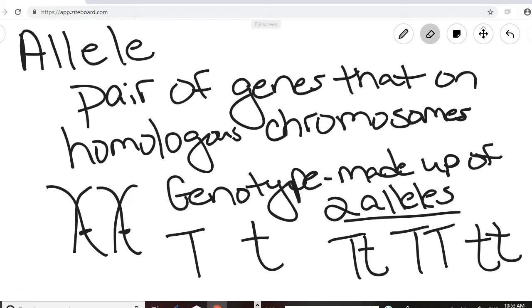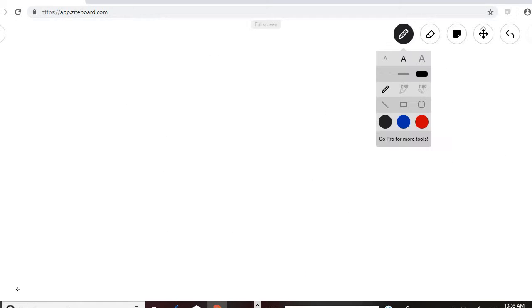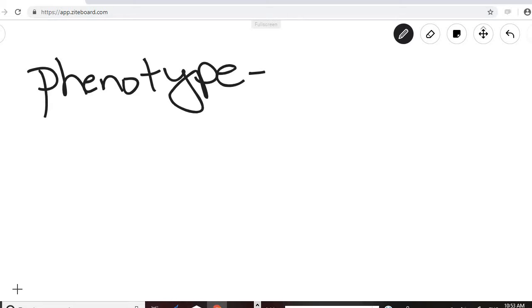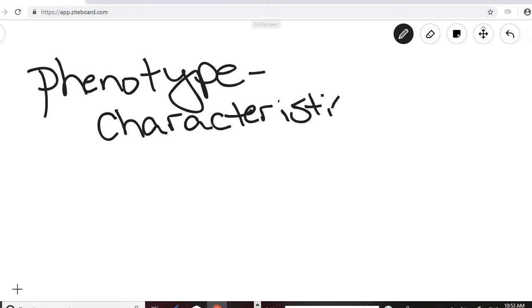But then we use the word phenotype to describe what the organism looks like with regard to that trait. So this would be the characteristic that is observed in that organism with respect to that gene.